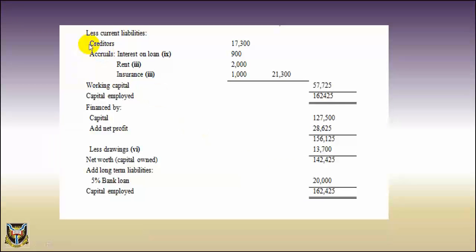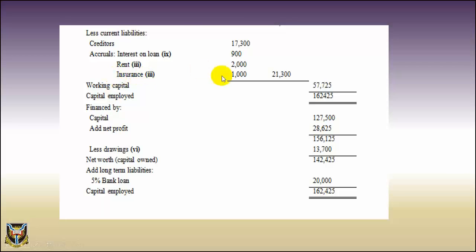Less current liabilities. Creditors 17,300. Accruals: interest on loan 9, 900. Rent 3, 2,000.